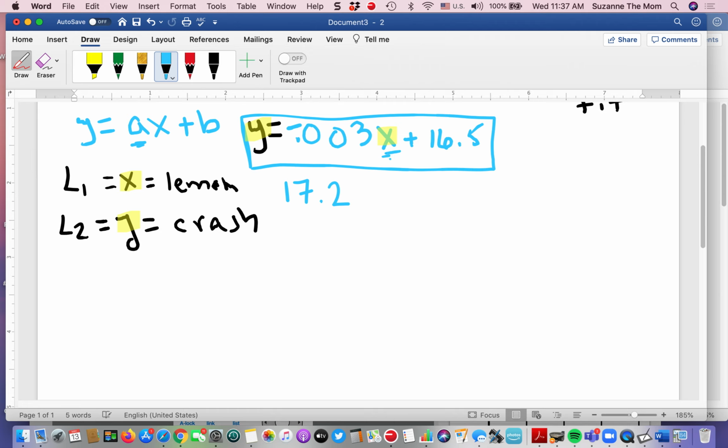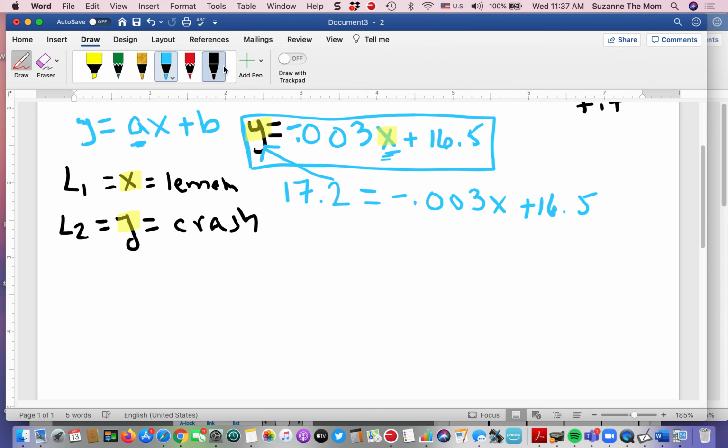How many lemons imported does that mean? Well, crash is y, so we're just going to plug y into our equation. 17.2 equals negative 0.003x plus 16.5, and we're going to solve for x.